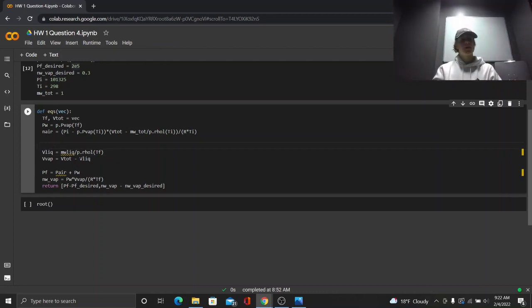And then now we need to figure out the mass of the water in the liquid phase.